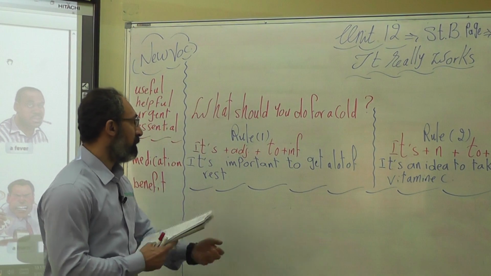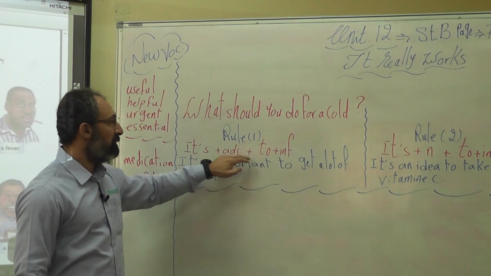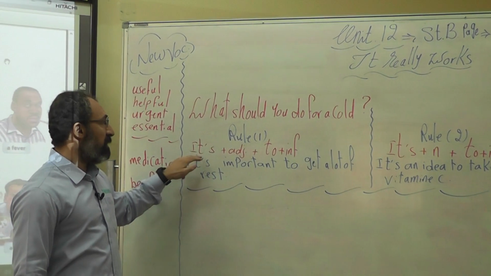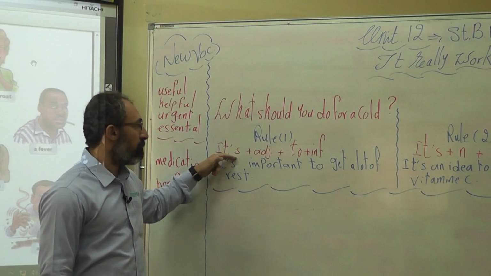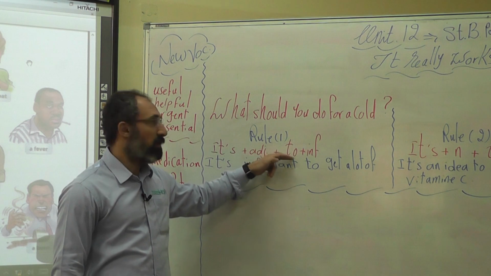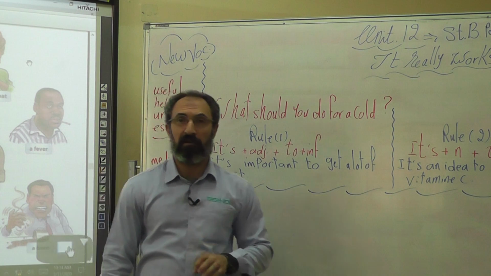The first one, look at the red structure or the red rule that we have written. I have to start with it's, then adjective, then to plus the infinitive. And let me remind you of the word infinitive.